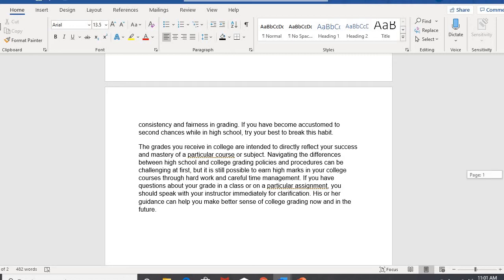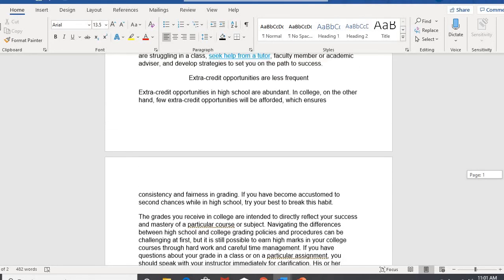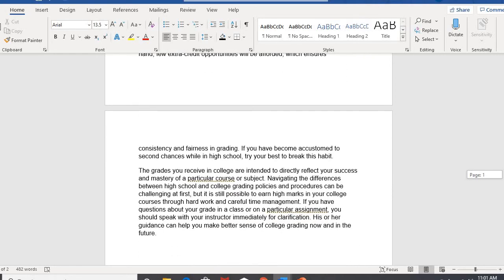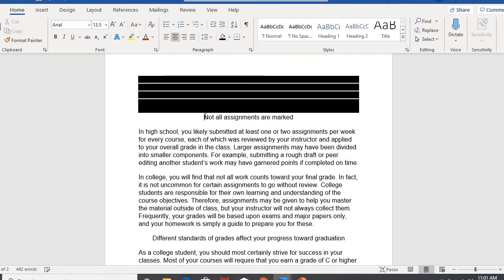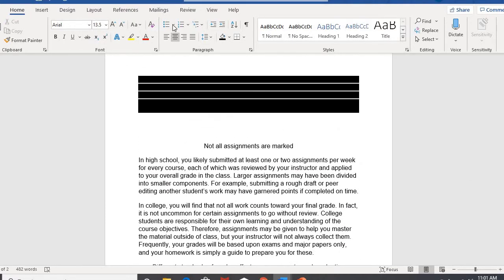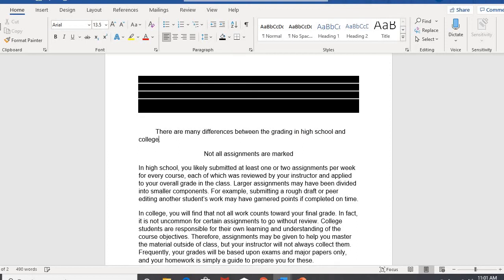All right, so I definitely know that they are looking at high school and college, and it appears to be kind of a compare-contrast situation. So if I were writing a thesis statement on this, that seems to be talking about grading in particular, I would say something like, there are many differences between high school and college.